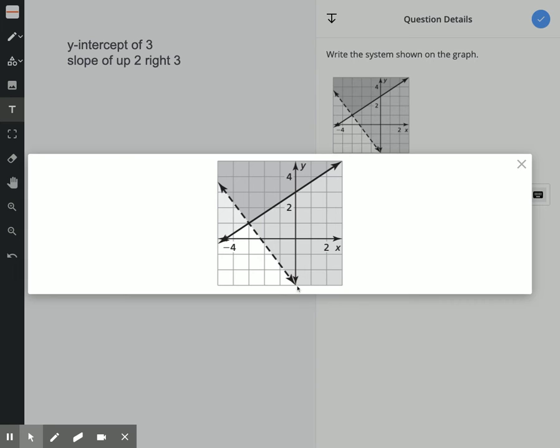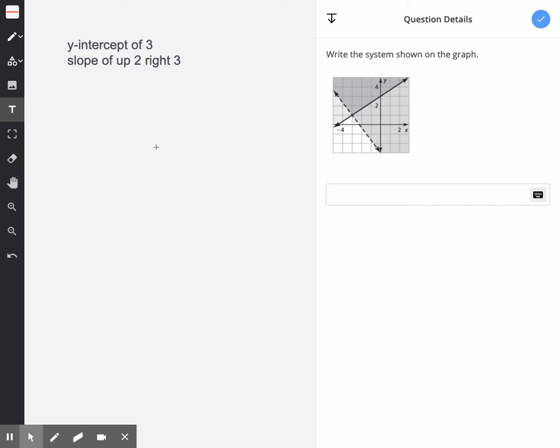So this one, it looks like, well, it's kind of off the graph, but let's say that it intercepts down here at -3. And then from this point to that point, it goes down 1, 2, 3, 4, then right 1, 2, 3. So -3 and then -4 and 3. Okay.